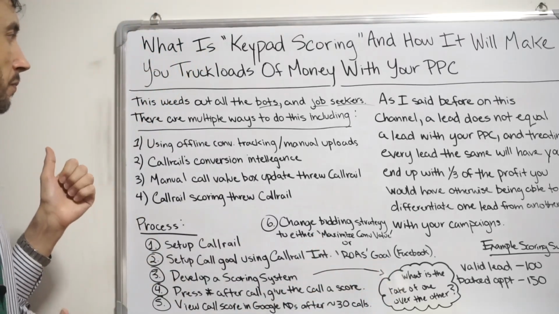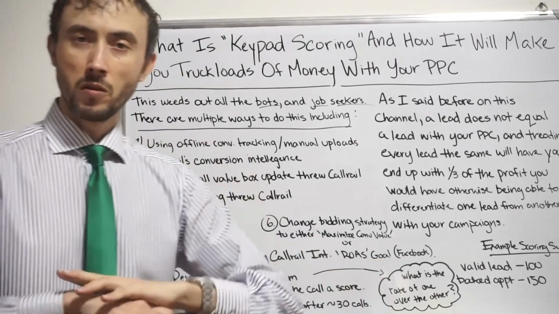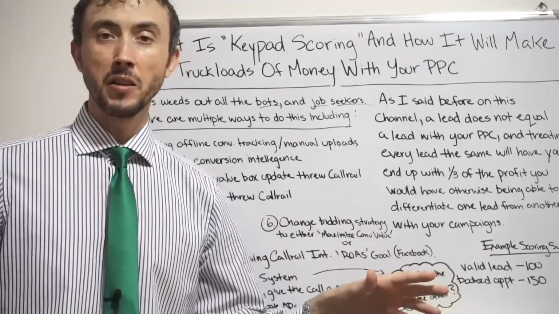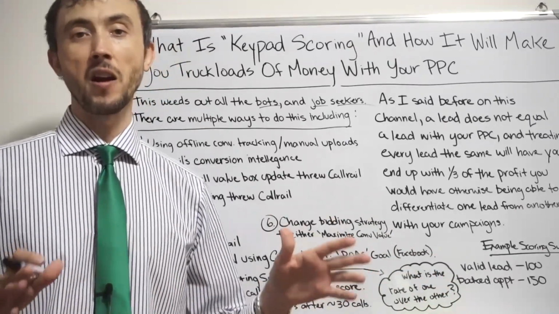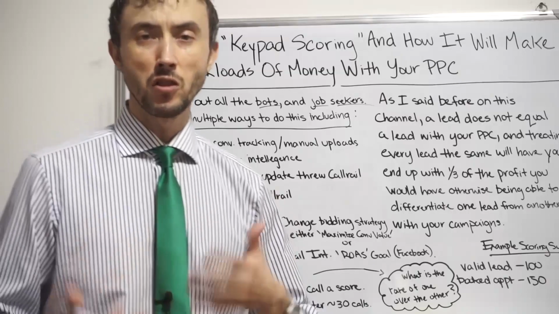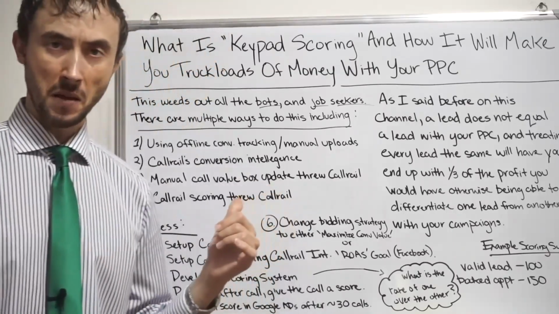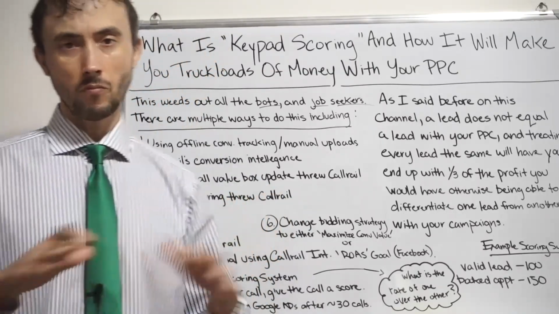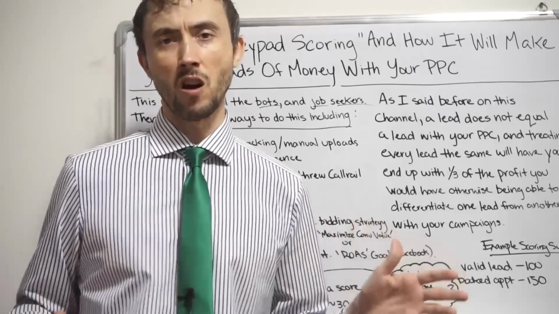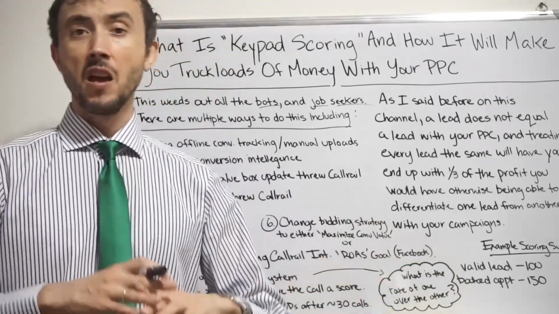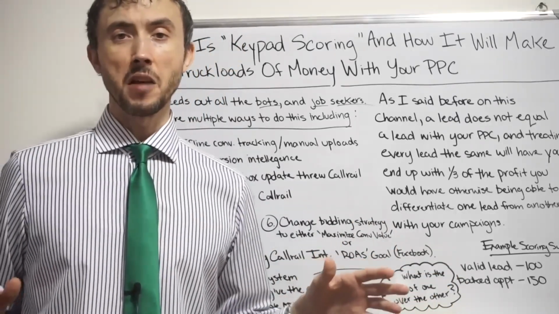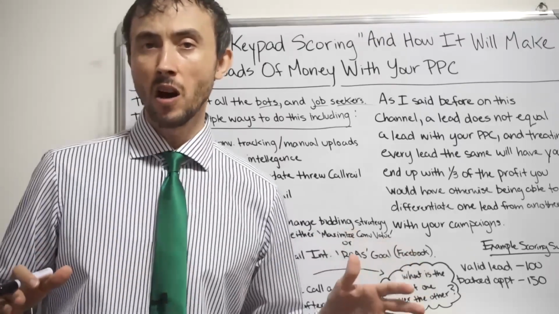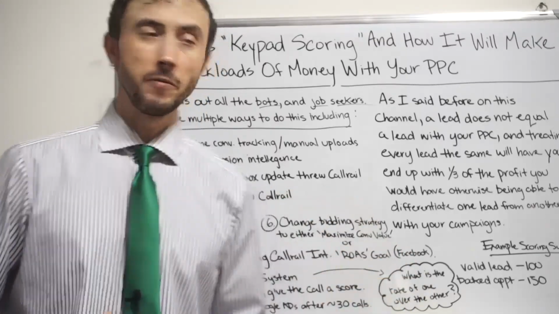So this keypad scoring will completely solve that issue, or for the most part enough that the few crappy calls you do get after employing this method won't affect you. It's just a small cost of doing business, versus something that can totally turn your entire campaign into having a negative ROI.